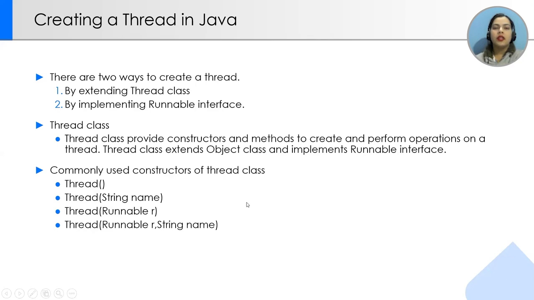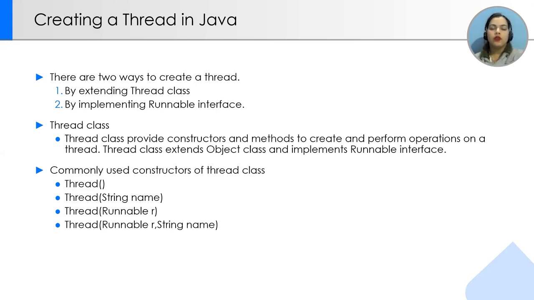Then the commonly used constructors of the Thread class are: a Thread constructor with a String name, a Thread constructor with a Runnable object r, and a Thread constructor with a Runnable r, that is the object, and a String name, that is two parameters.